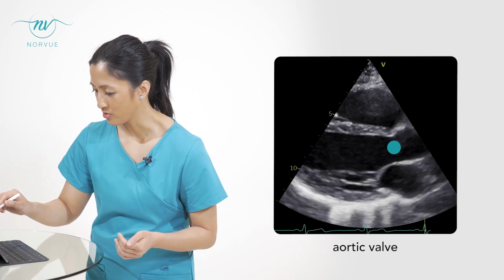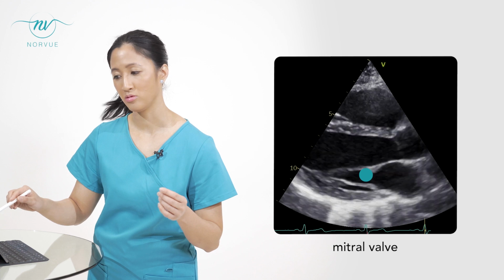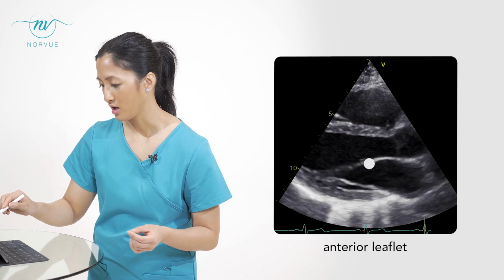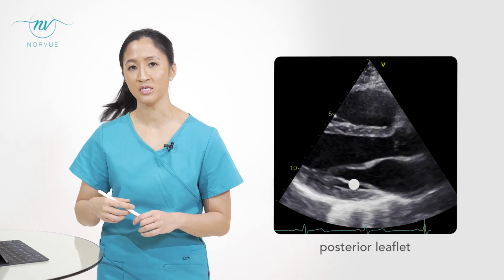And then you have the mitral valve, which is divided into an anterior leaflet and posterior leaflet. So this is how you obtain the parasternal long axis view, and you will find these structures in this view.